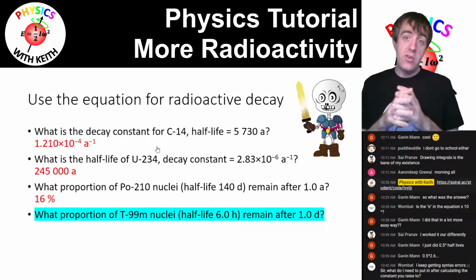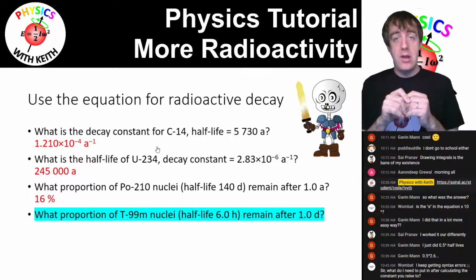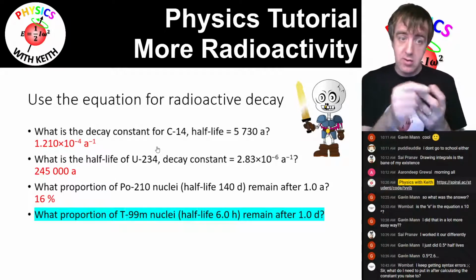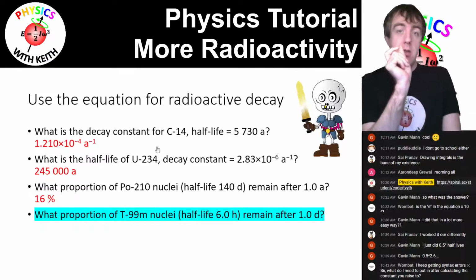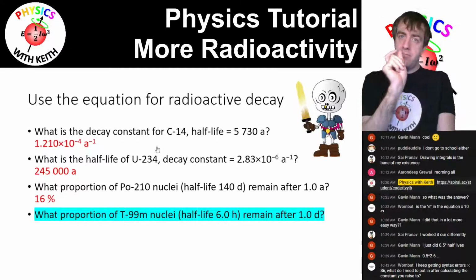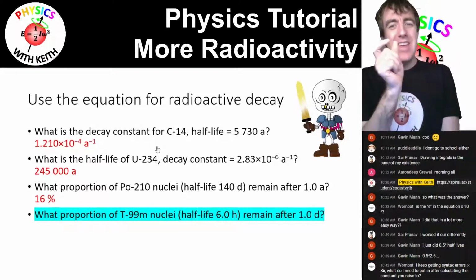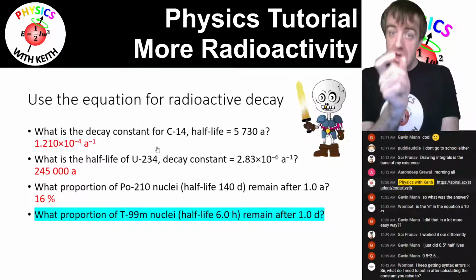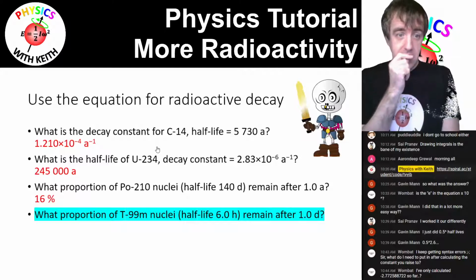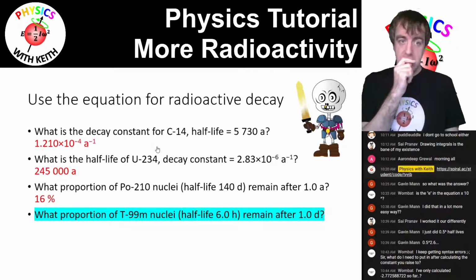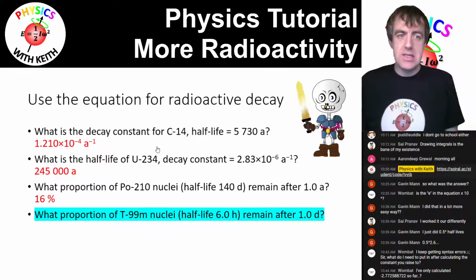Or you could use e to the power of, and then you do minus. Make sure the minus is there, otherwise it will give you a syntax error. Well, mine won't, mine will give me a complex number. So minus the decay constant, which you'll have to calculate. Okay, so what is that?